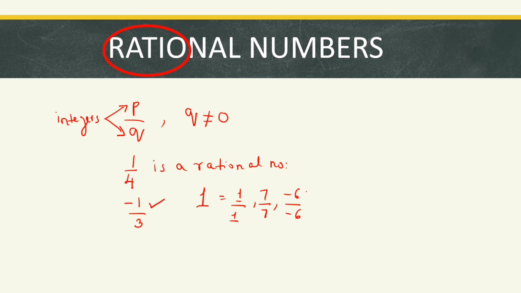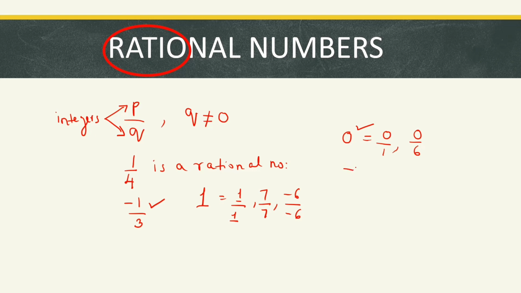It can be represented of the form p by q, where q is not equal to 0. Therefore, any whole number can also be termed as a rational number. How about 0 itself? 0, I can write it as 0 by 1 or 0 by 6. Therefore, it is of the form p by q, where p and q are integers and q is not equal to 0. Therefore, 0 is also a rational number.